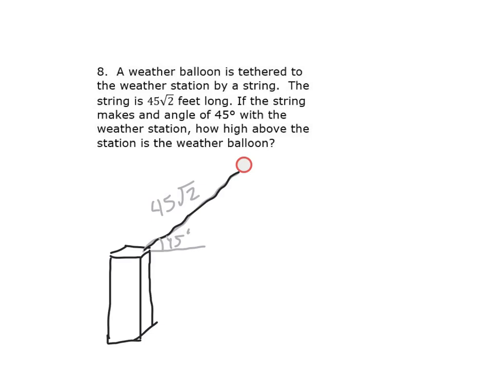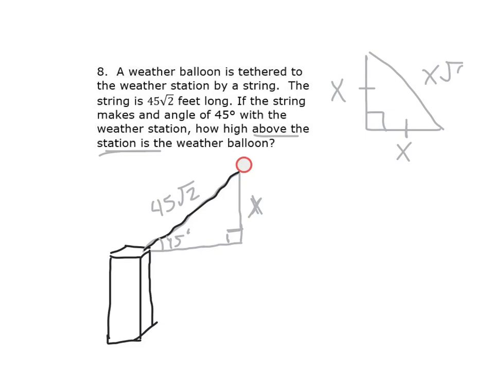It wants to know how high above the station the weather balloon is. So I'm looking for this distance here. This would be a 90-degree angle. Because it's 45, we're doing that special right triangle, 45, 45, 90. The legs are going to be congruent. Each leg is represented by the variable x, and the hypotenuse is going to be x square root of 2.